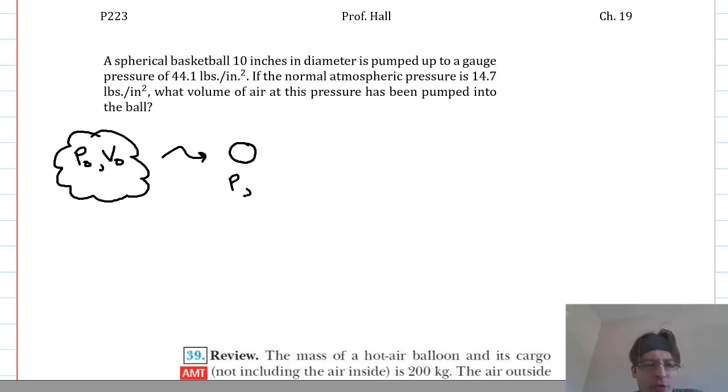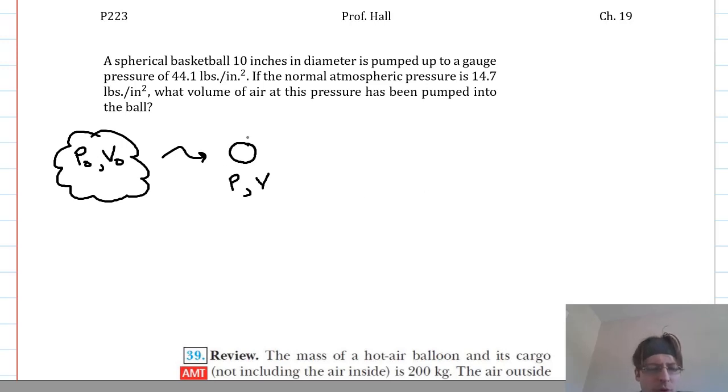I know the pressure there, and I know it's a 10-inch diameter, so we basically know the volume of it as well. Knowing the initial pressure and the final pressure and volume, how can I use that to figure out what the initial volume must have been? That's the question.